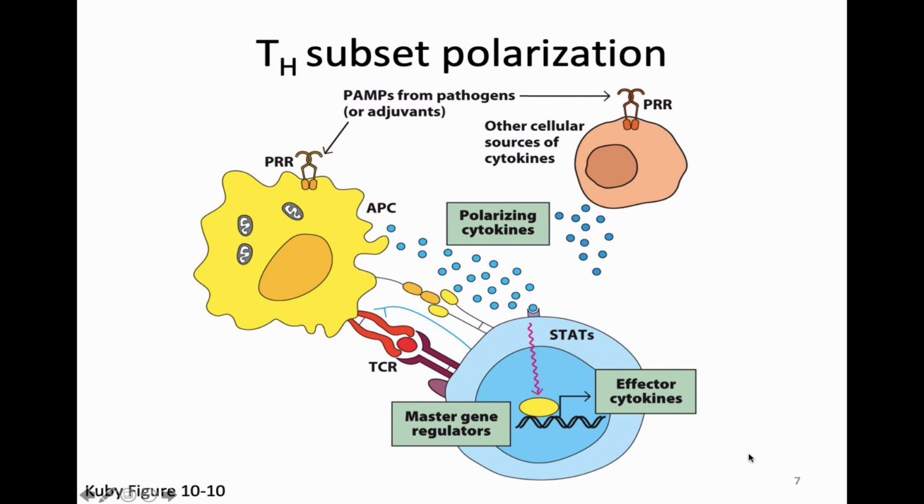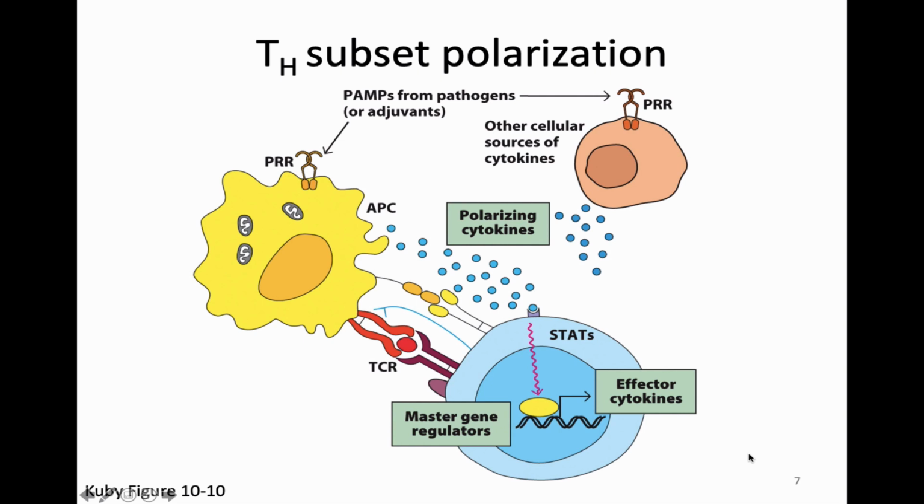Sometimes there might be some other situations where other cells make the cytokine, but for right now we'll imagine it as coming from that original APC. When the naive CD4 T cell receives that polarizing cytokine, there will be signaling through a cytokine receptor that will lead to some changes in the cell. In particular, that cell will now turn on some unique transcription factor.